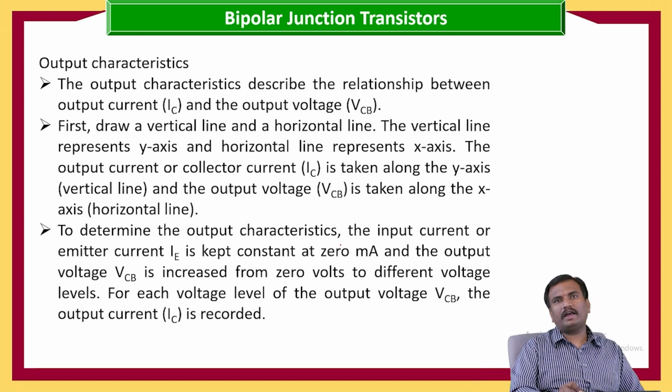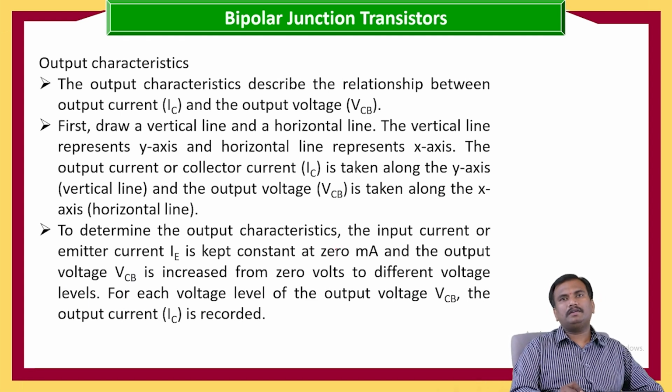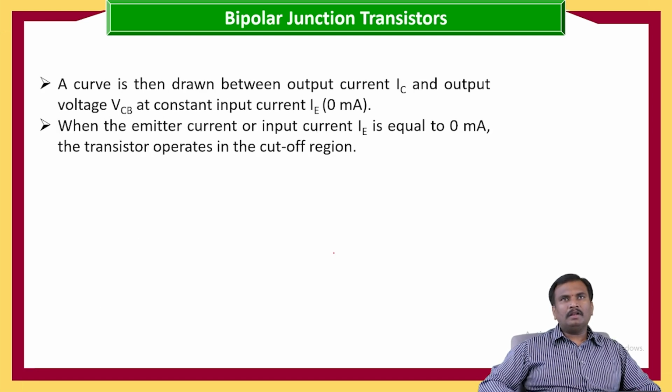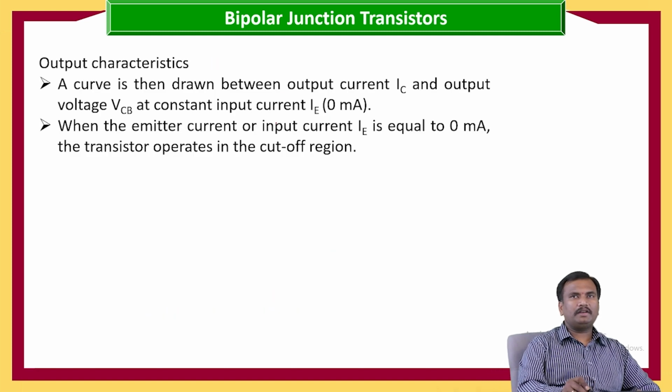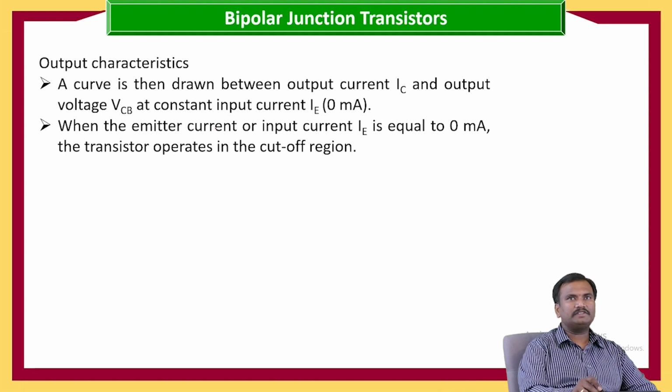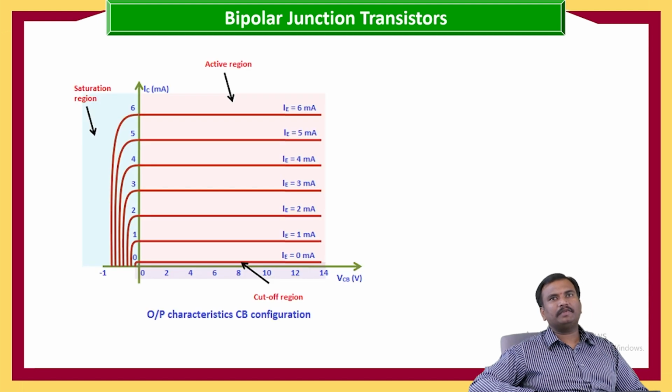To determine the output characteristics, VBE is kept constant and VCB is increased. So we are going to take the values for VCB and IC. A curve is drawn between the output current and the output voltage VCB at constant IE, that is at 0 milliamperes.